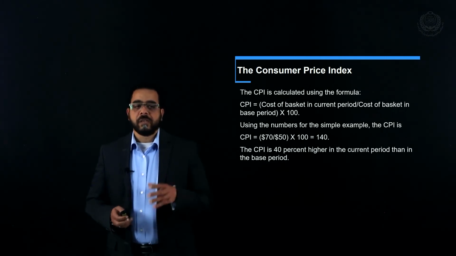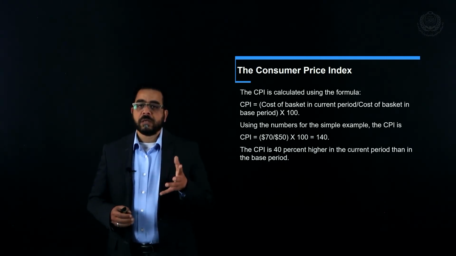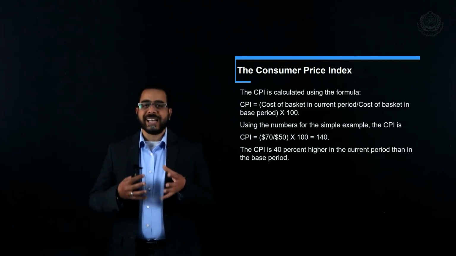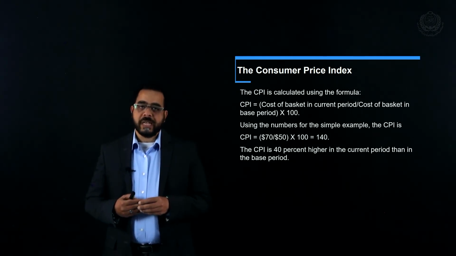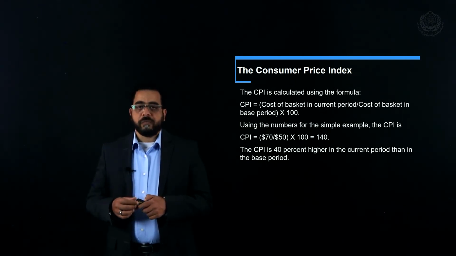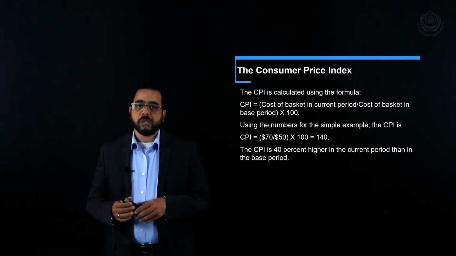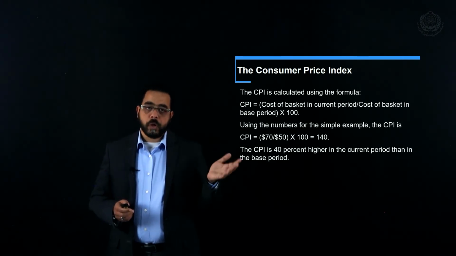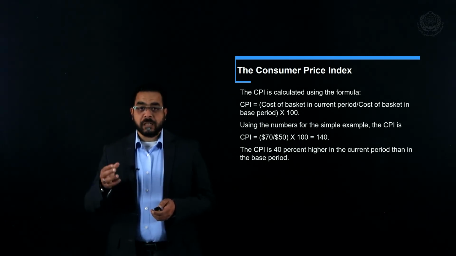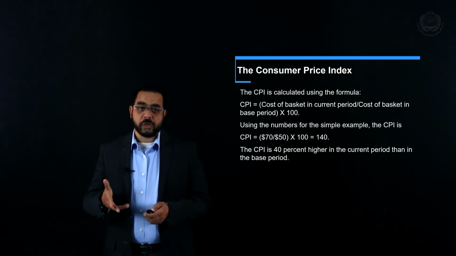It means that the prices in the current period are 40% higher than the prices in the base period. If something is at the price of 1 in the base period, it will be 1.4 in the current period. We didn't calculate the inflation rate yet.